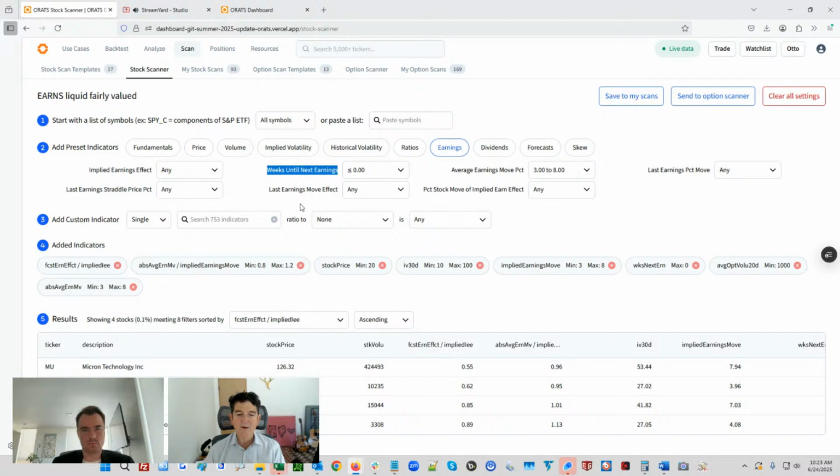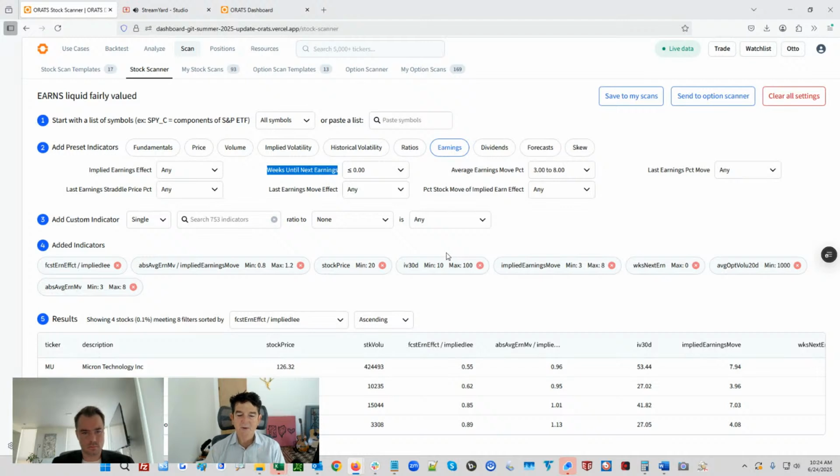So that's one, and then I want a minimum stock price because I'm going to do some calendars, and I don't want a really low priced stock, and I don't want a crazy volatility stock. I want a stock where people focus on the earnings.